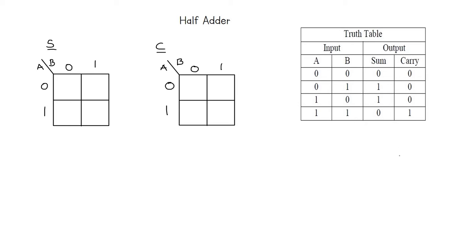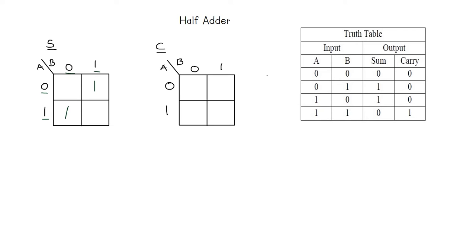So we see here, when A is 0 and B is 1, the sum is high. When A is 0 over here and B is 1, which is here, we need to mark it as 1. And when A is 1 and B is 0, the sum is again 1, which would be at this position.